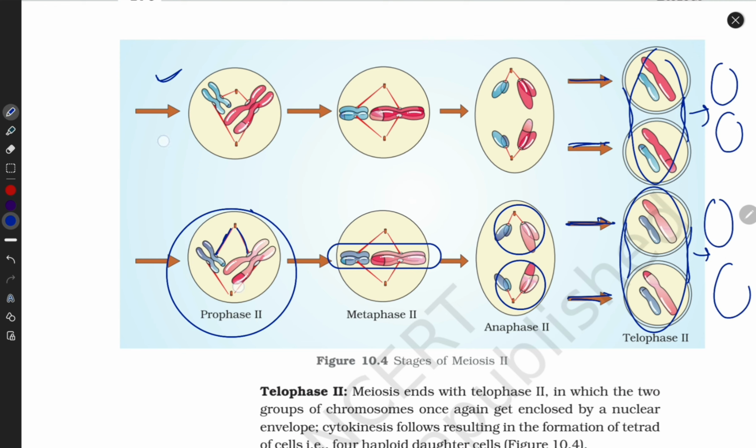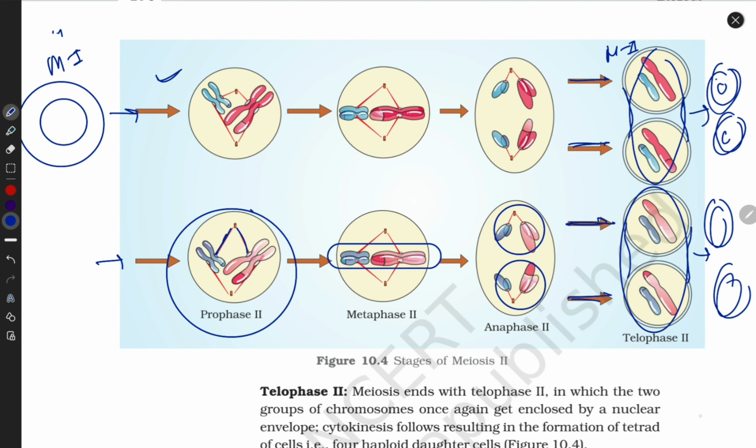At the start of meiosis 1 we have one cell, and it divides into two cells. These two cells enter meiosis second, and at the end of meiosis second we get four cells.